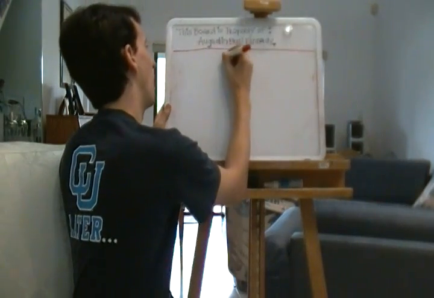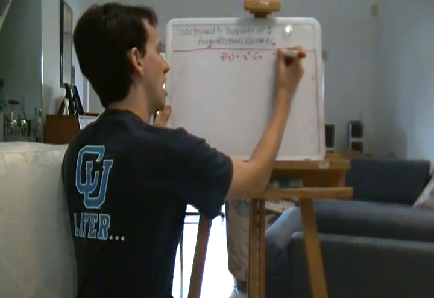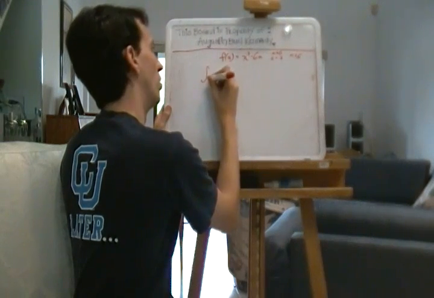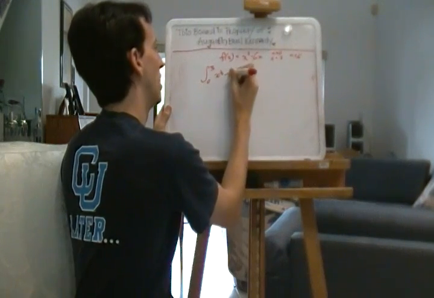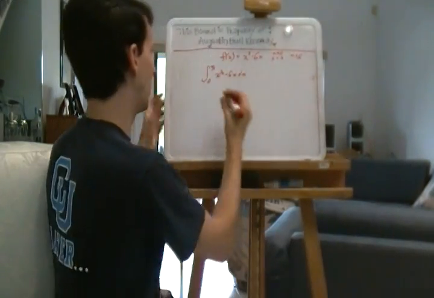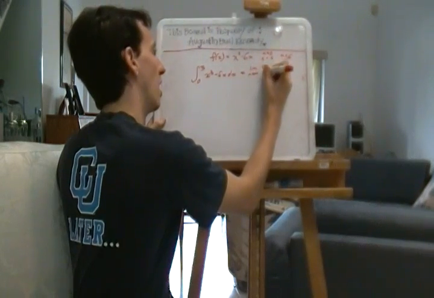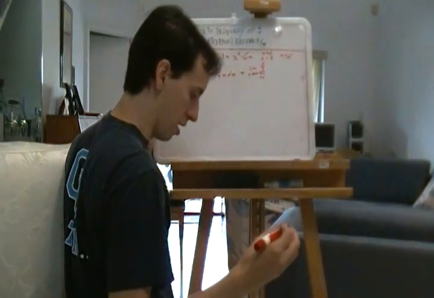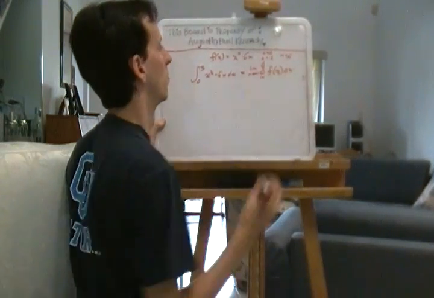But we remember that f of x equals x cubed minus 6x, a equals 0, b equals 3, n equals 6. If we're looking at the integral from 0 to 3 of x cubed minus 6x dx, then we have to write this as a Riemann sum, which is the limit as n approaches infinity of the sum from i equals 1 to n of f of x sub i delta x.